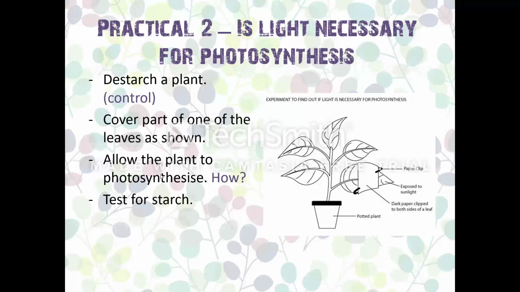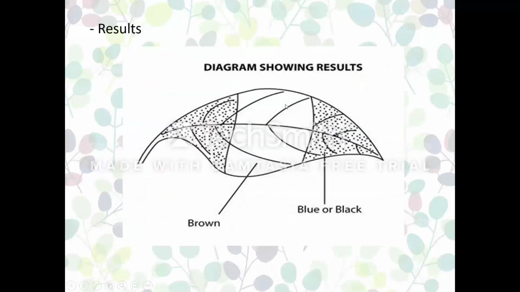Okay, now what's going to happen is the following. There's my leaf. This is the part of the leaf that was covered in tinfoil. Okay, and these two parts here where the dots are were exposed to sunlight. Now, I took all the starch out of the leaf originally.